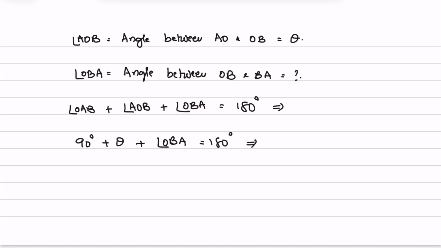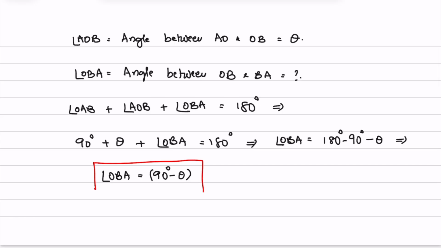That implies angle OBA is equal to 180 minus 90 minus theta. That implies angle OBA is equal to 90 minus theta, from the principles of the triangle.